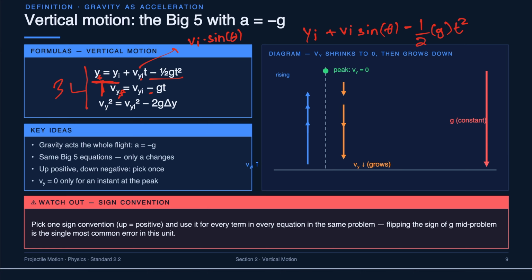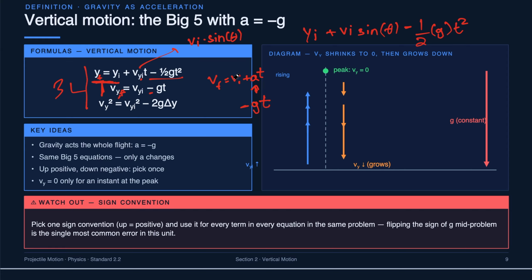Does that make sense? Well, if you remember the velocity equation from the big 5, velocity final is equal to velocity initial plus a times t. So we can just plug in acceleration here, right? We know that's negative g times t.